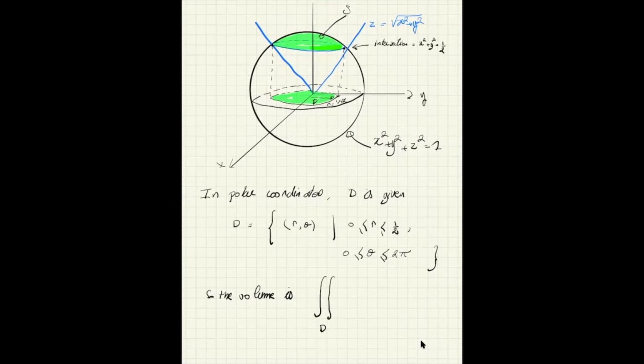of the surface above D and under the sphere, which is square root of 1 minus x squared minus y squared, right?